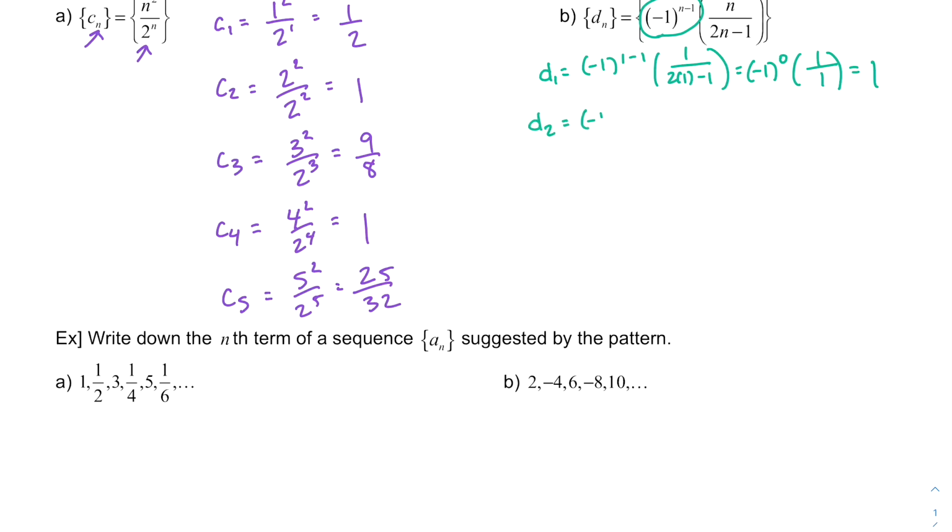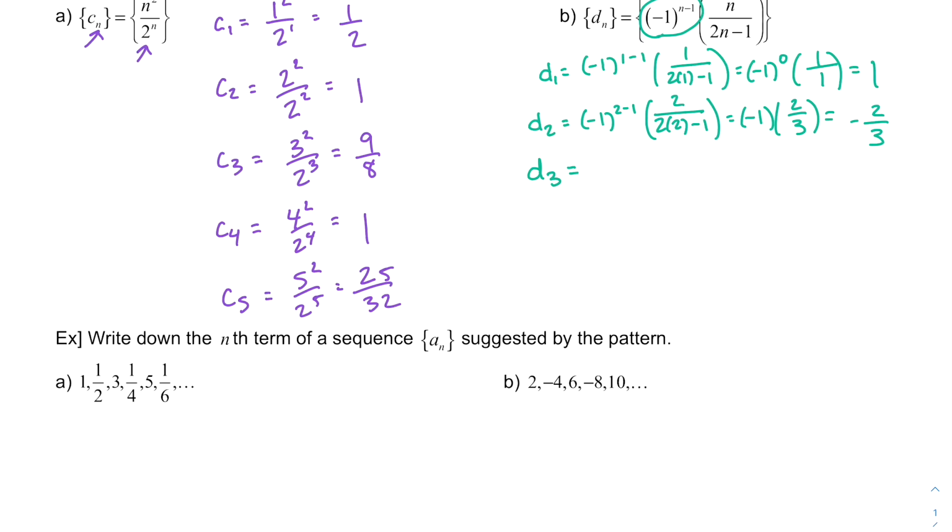Now let's go for the second term. So we have -1 to the 2 minus 1 power times 2 over 2 times 2 minus 1. So we have -1 to the first power, which is -1, times 2 over 3. So this term is -2/3. So see how the first term was positive and the second term was negative.